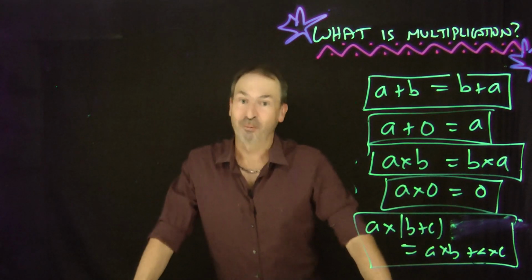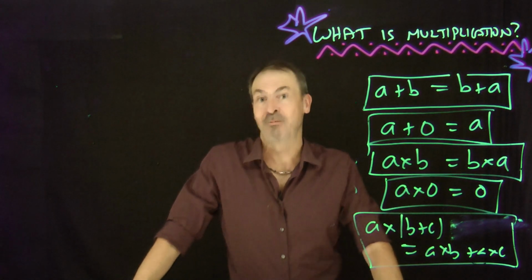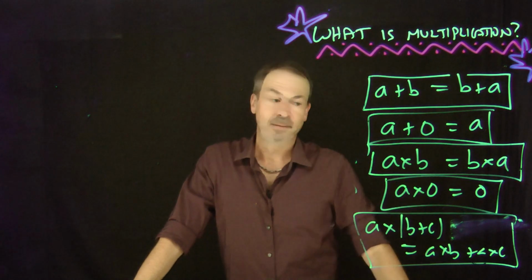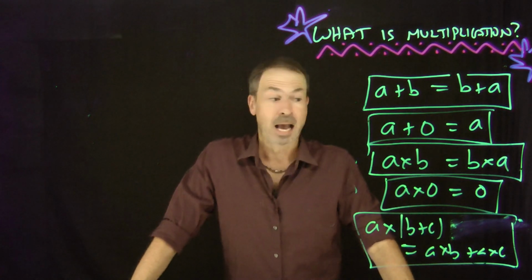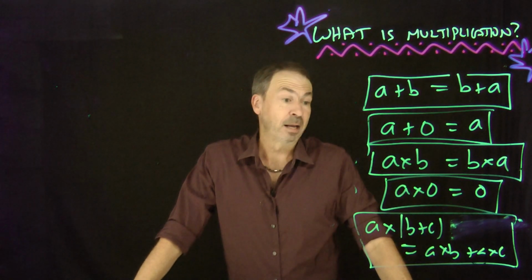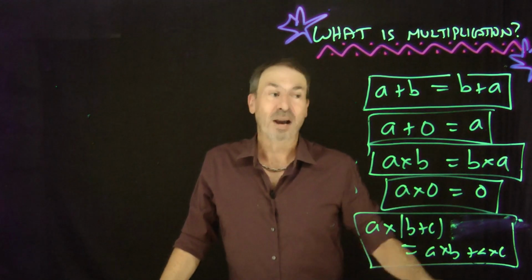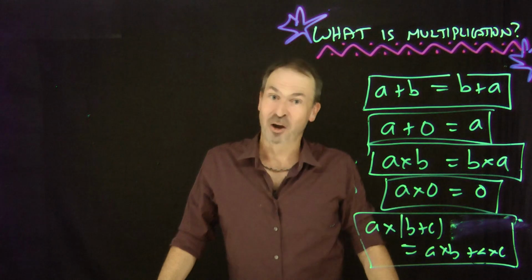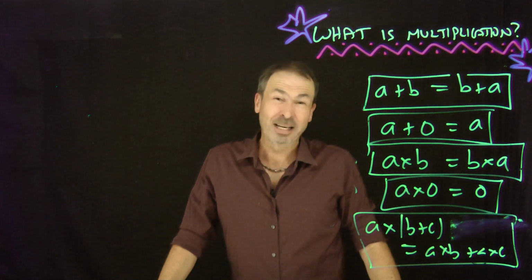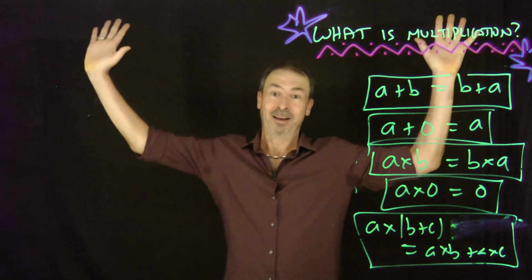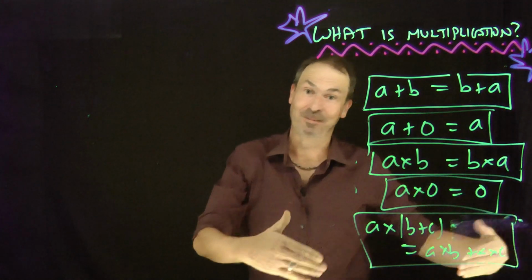In counting numbers, that manifestation is repeated addition. In geometry world, that manifestation could be the area model, or it could be scaling. In physics or science, when we talk about units, it could be conversion of units. Whatever manifests itself this way deserves to be called multiplication. What it actually is, no idea. I just know how it behaves.